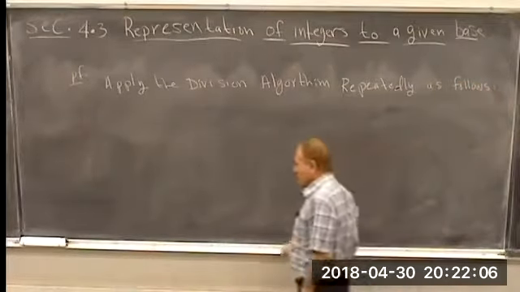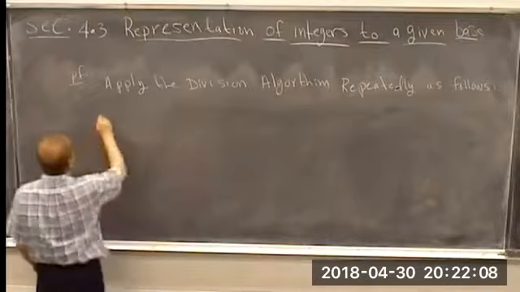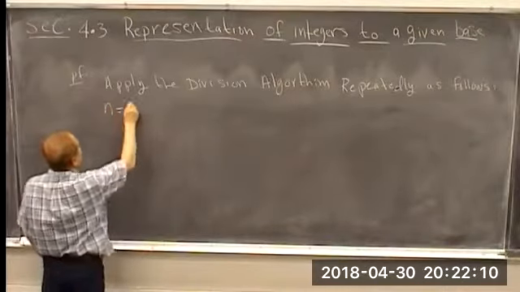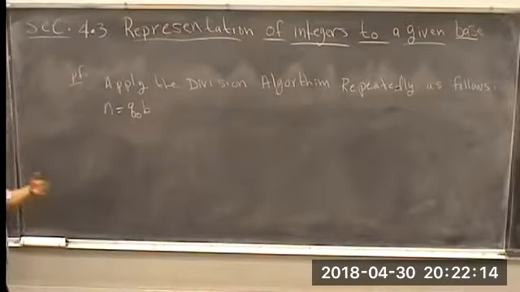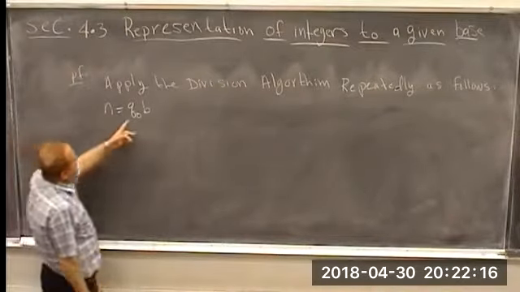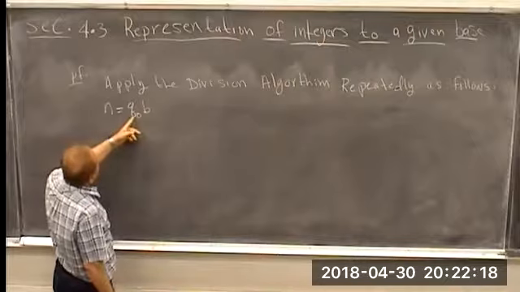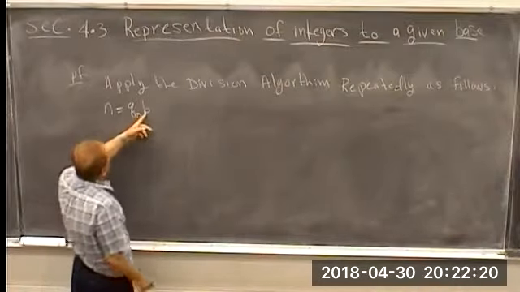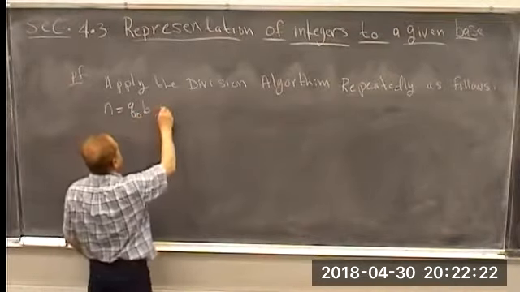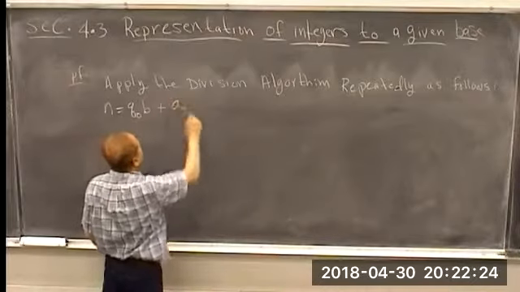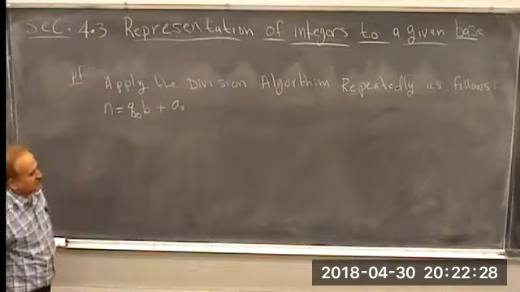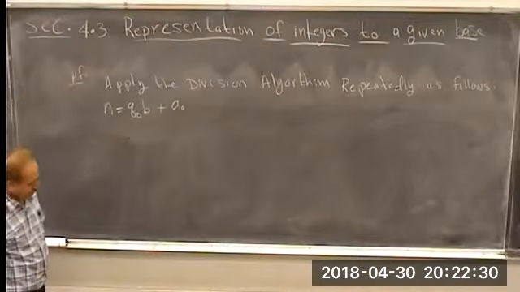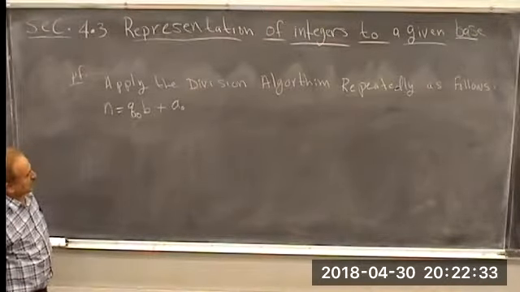We're going to start by writing n as q_0 times b plus a_0. Basically, we're going to divide n by b. So there exists a unique q_0, which is the quotient, plus remainders. I'm going to call them a's. Okay, so these are the a's. They're going to appear in the representation.